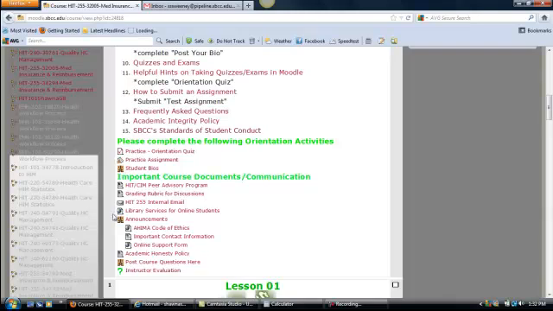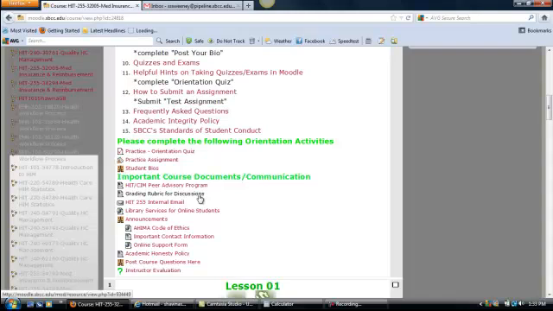Next, there are some important documents and links that you should read through, each and every one of them. The grading rubric for discussions is particularly important. If you look at the syllabus, you can see that a large percentage of your grade is going to be your participation in these discussions.